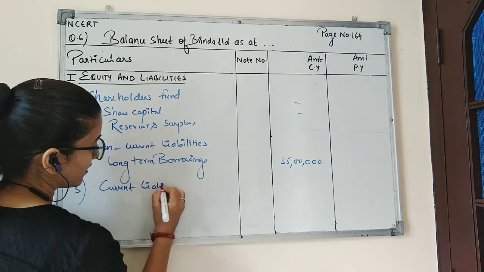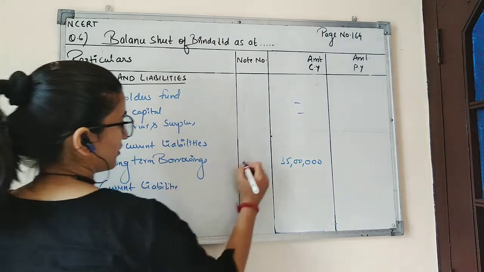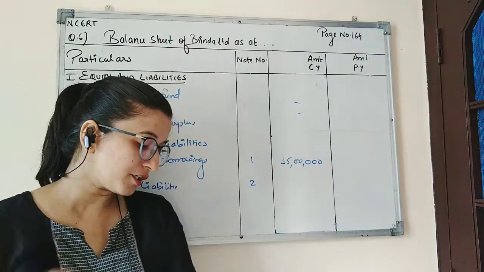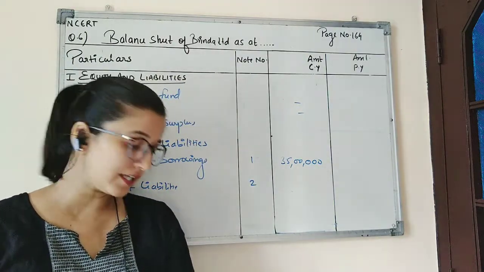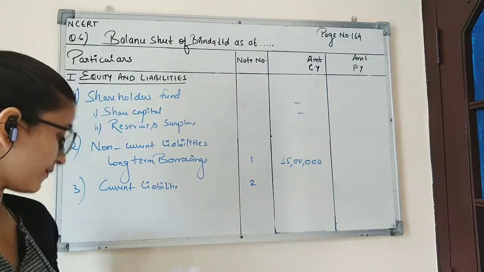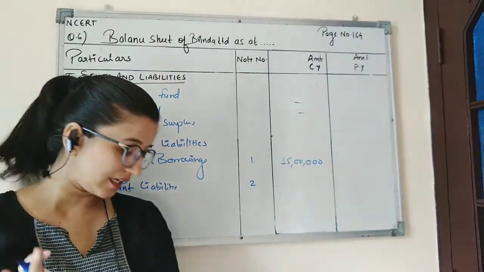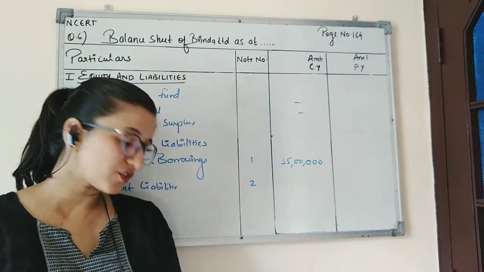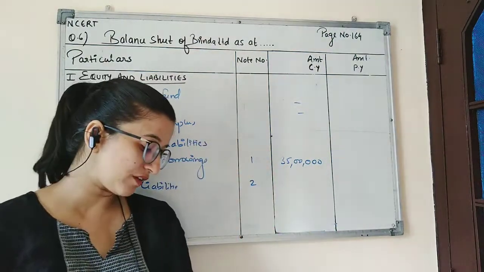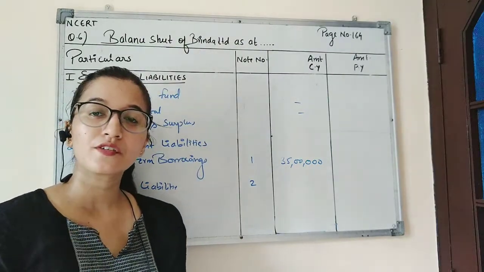Now the third heading is current liabilities. See, in current liabilities it is given interest on debenture is yet to be paid. So interest on debenture is a current liability. Interest is always considered as current liability. So interest on debentures will be, total amount of debentures were 25 lakh and interest rate is 10%.